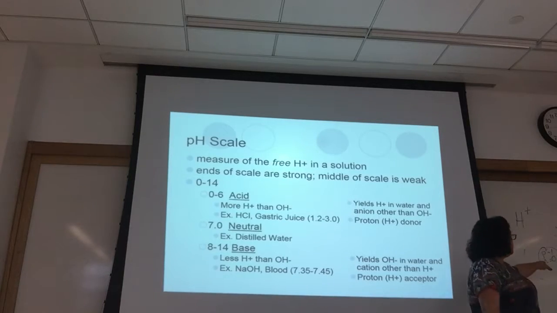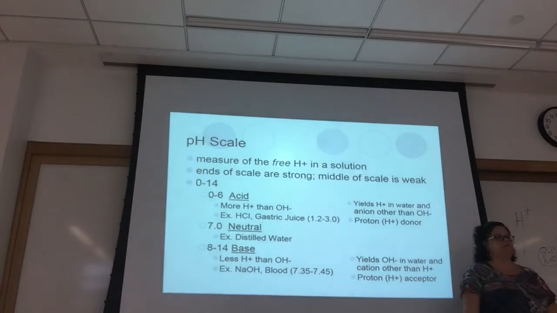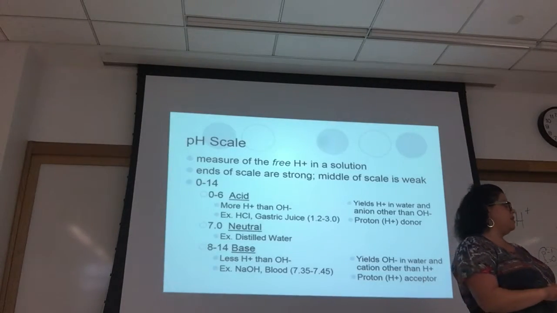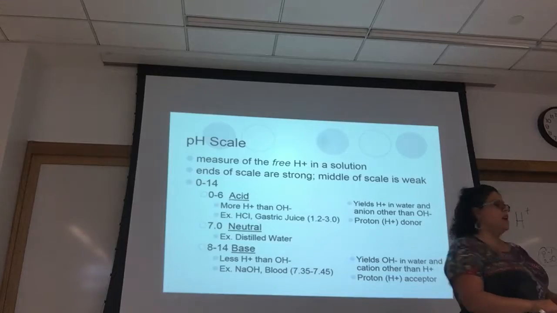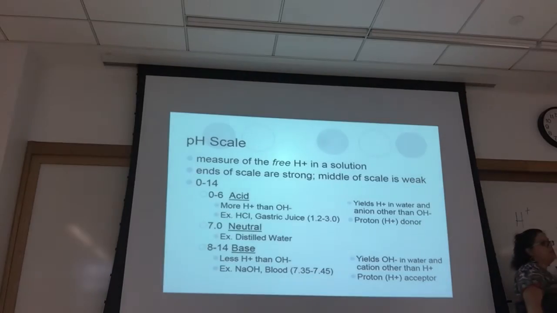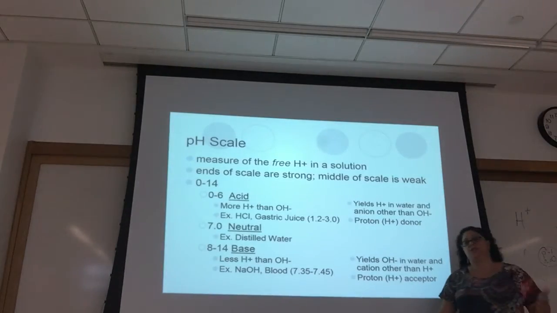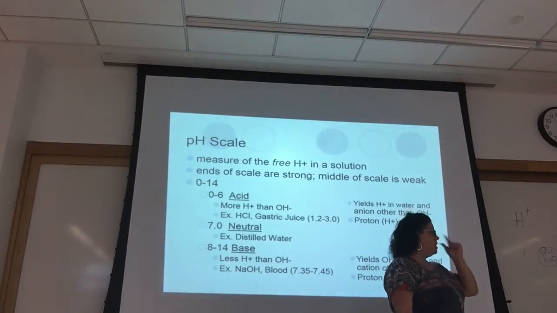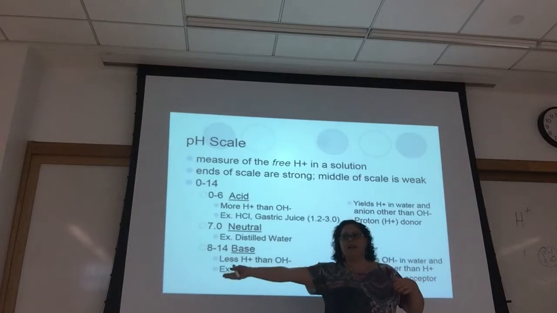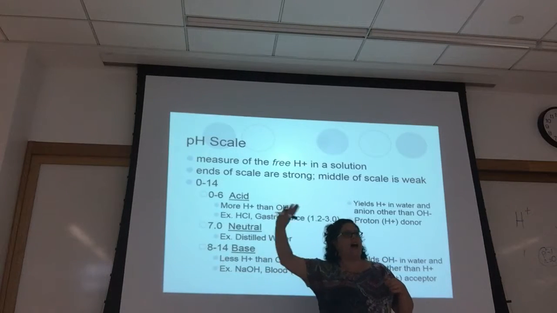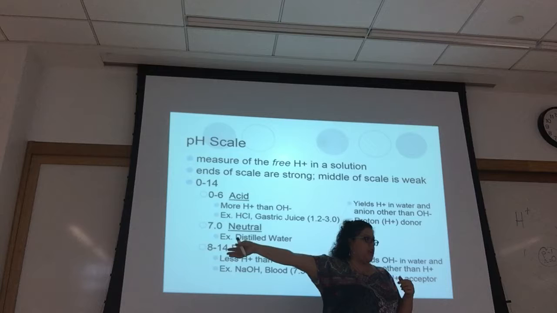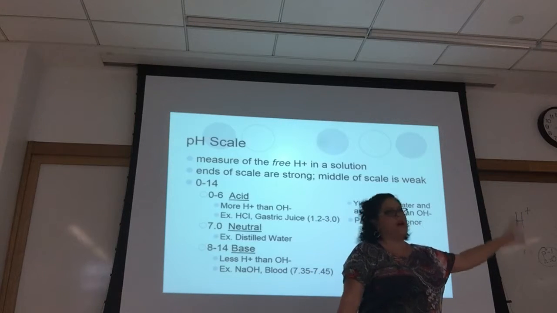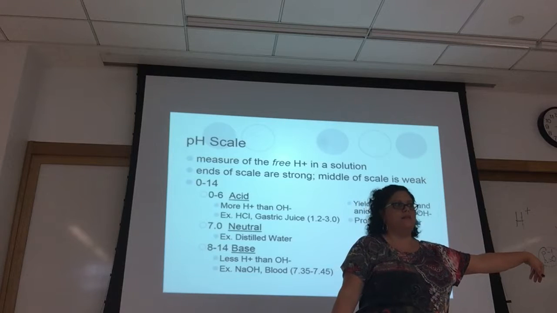If we have a high concentration of these hydrogen ions, that solution, that substance is acidic. If we have a low concentration of these, then the opposite is true. The substance is a base. So we have a scale. On one end are the acids with the high concentration of hydrogen ions, and on the other end are the bases with the low concentration of hydrogen ions.